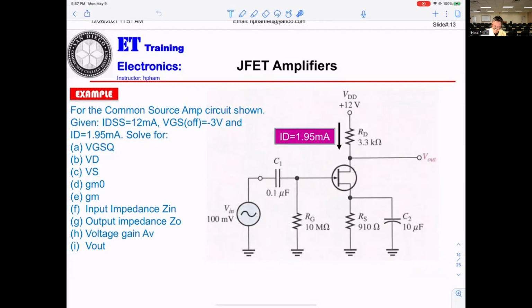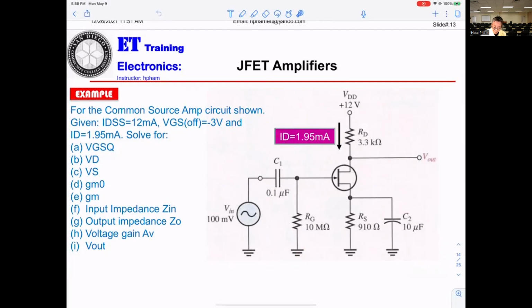However, this will be self bias. However, you don't have any graph. That's why they gave it to you.